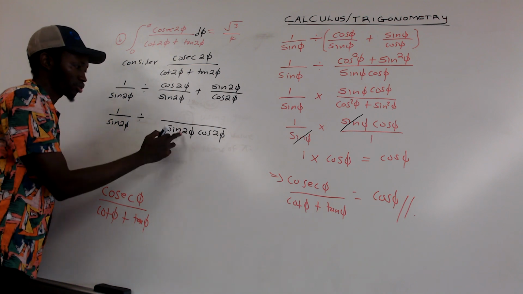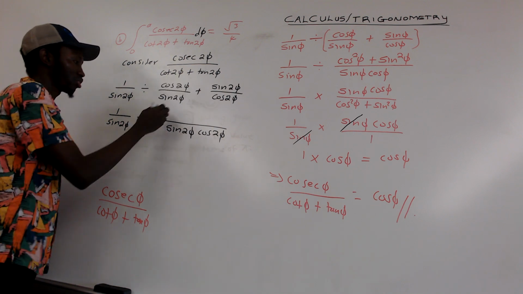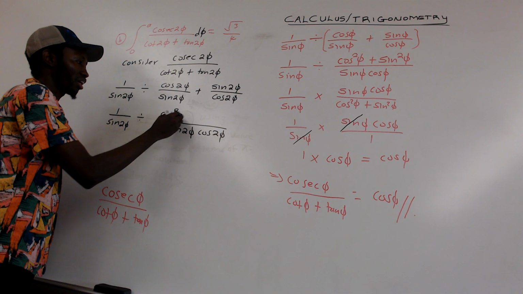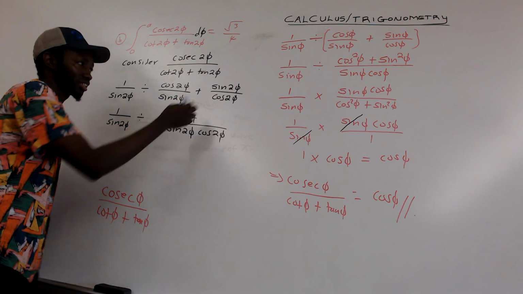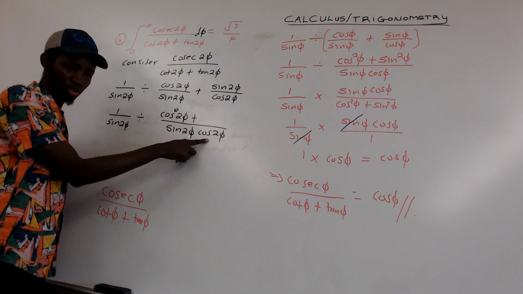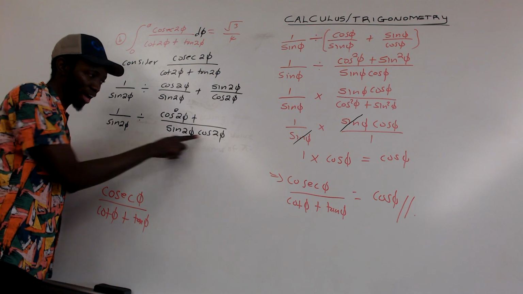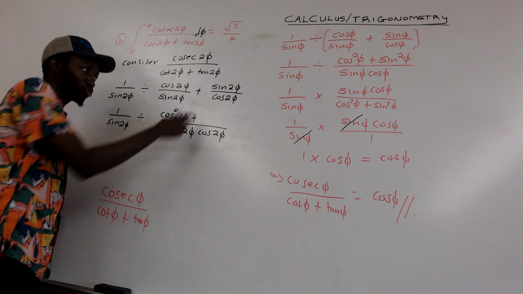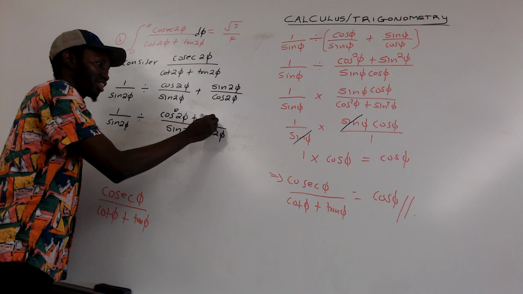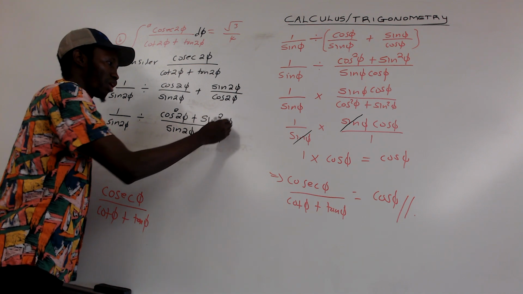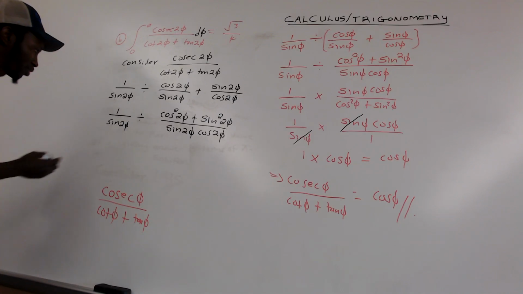Sine 2 phi into sine 2 phi, and cos 2 phi times cos 2 phi is going to be cos square 2 phi, plus, again, same thing, cos 2 phi into cos 2 phi, it's going to remain as this. Sine 2 phi times sine 2 phi is going to be sine square 2 phi. The steps are just the same.